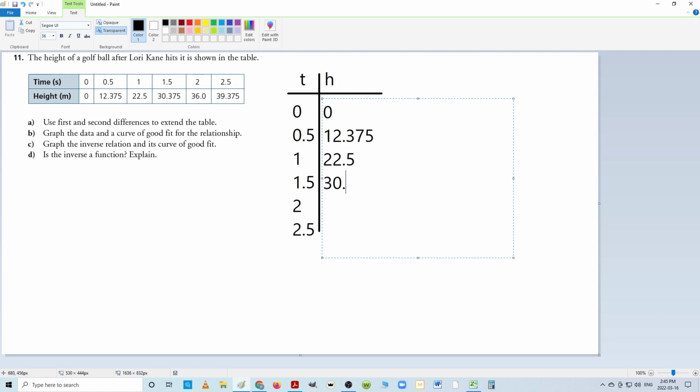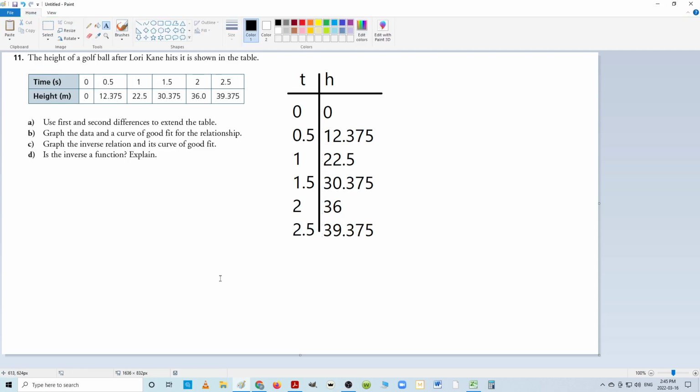However, I would strongly suggest skipping every second value and focusing on the ones that go up by 1. Yeah, we can find out the differences every 0.5, but we'd have to multiply those differences by 2 to get an idea of what's going on. However, we'll do it both ways.